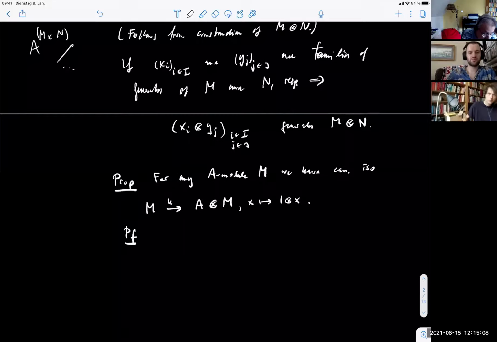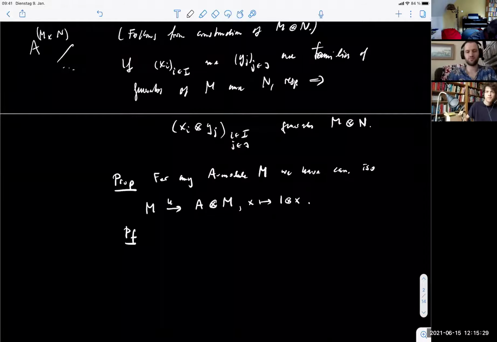All the proofs here follow the same scheme. How do I prove I have an isomorphism? I have to show there is this map, and I have to show there is a map in the reverse direction, and I have to show if I compose them in the two ways, I get an identity.